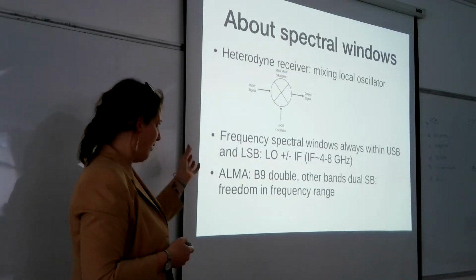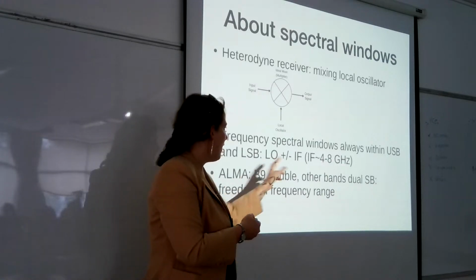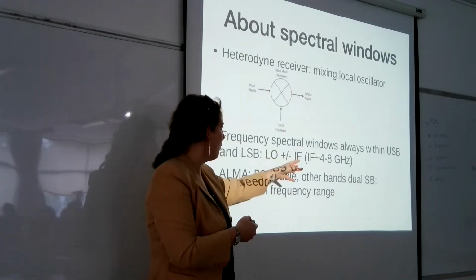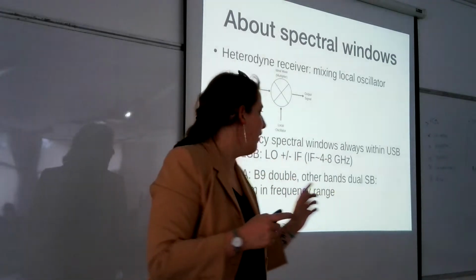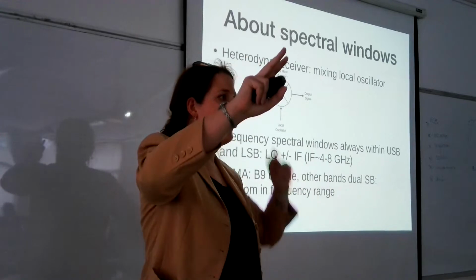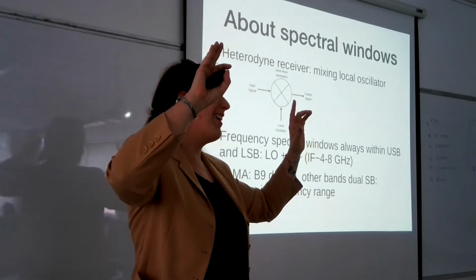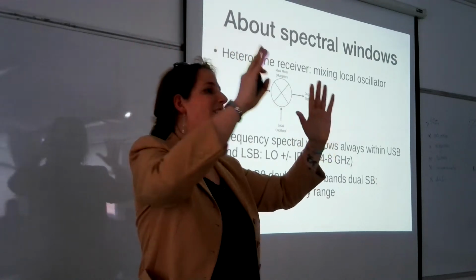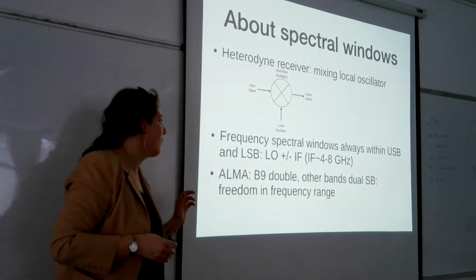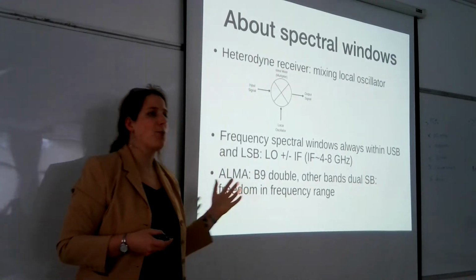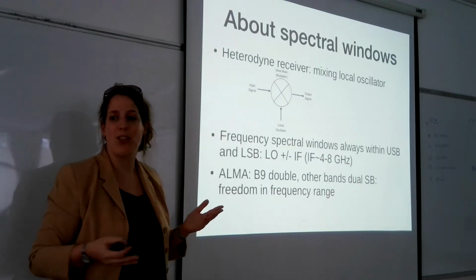This means that the upper and lower sidebands are limited to essentially the 4 to 8 gigahertz from your local oscillator on either side. So your upper and lower sideband are at maximum between 8 and 16 gigahertz away from each other. You cannot go further than that. This is mostly to explain why you have certain combinations of spectral windows in all observations.